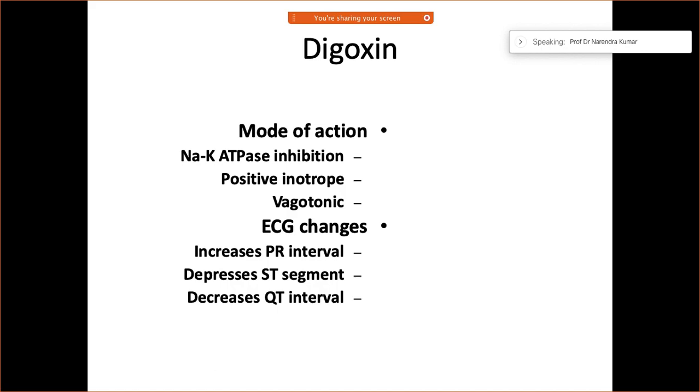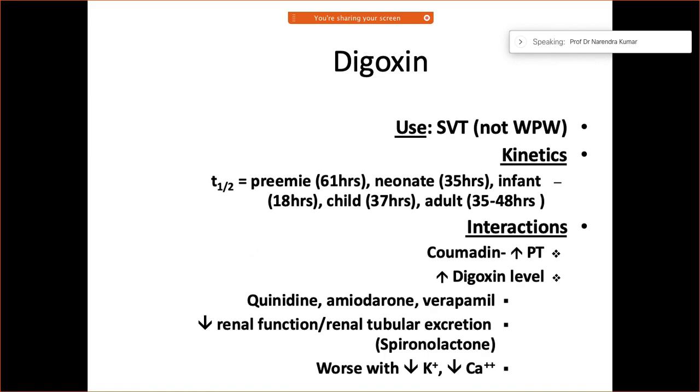Regarding its mode of action, it inhibits the sodium potassium ATPase, and due to the positive inotropic and vagotonic action, we see various changes on the ECG, like prolonging the PR interval, it also depresses the ST segment and decreases the QT interval. And as I had already said, it is also used for the SVTs, but of course not for the accessory pathways.